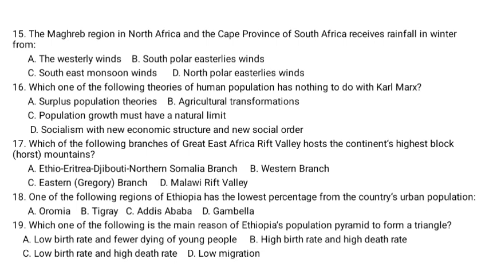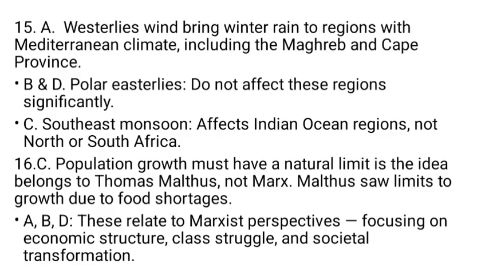For question number 15, the westerly winds bring rainfall to the Maghreb regions in North Africa and the Cape province of South Africa in the winter season, because westerly wind brings winter rainfall to regions with a Mediterranean climate, including the Maghreb and the Cape provinces.